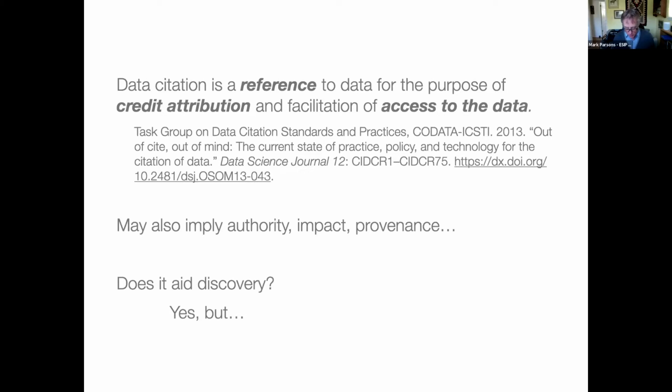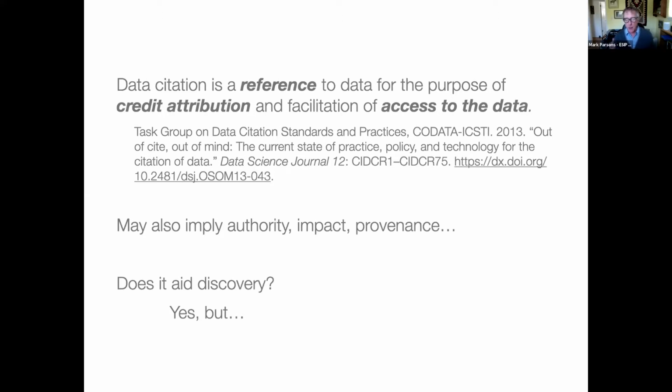It's interesting, when ESIP was first developing its data citation guidelines more than a decade ago, we laid out various purposes, and discovery was not one of them. It helps with discovery, but that's not necessarily the purpose of citation. All these things included in a citation, like the publisher and the author, might help with discovery.